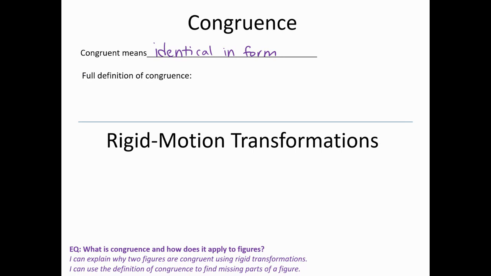The full definition of congruence, which we are going to use, is how we accomplish that first learning goal that says I can explain why two figures are congruent using rigid motion transformations. That comes directly from our full definition of congruence, which you are going to have to know. So here's what it says.